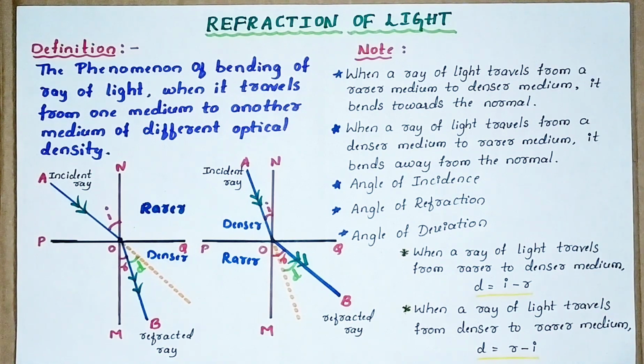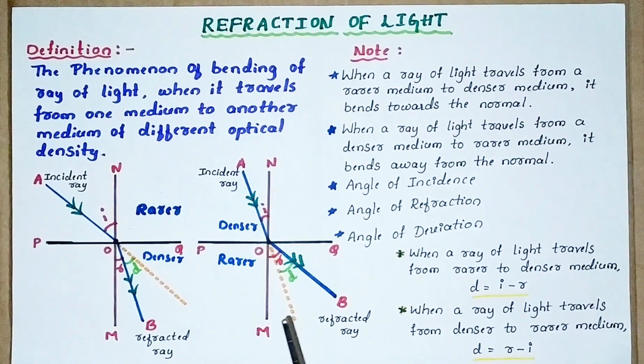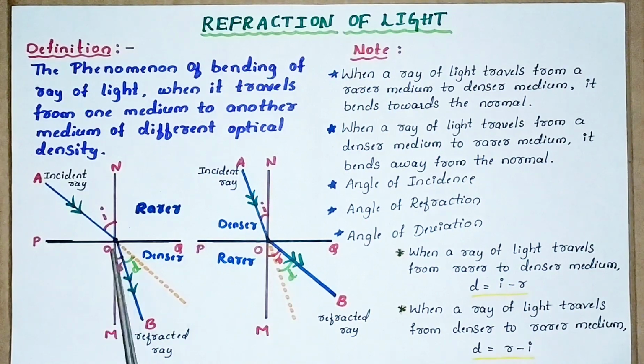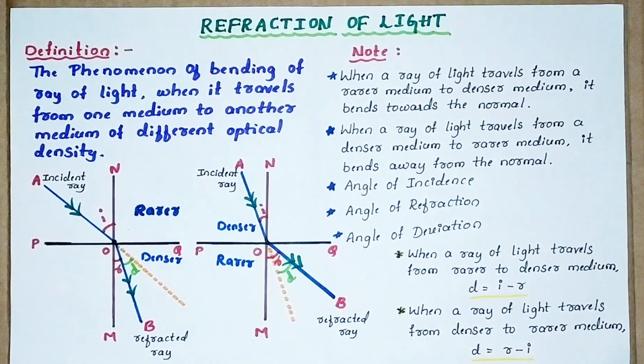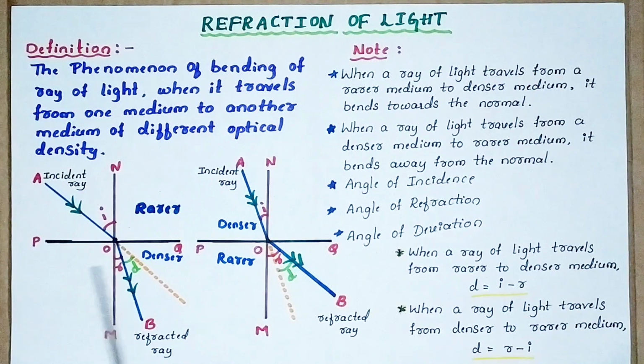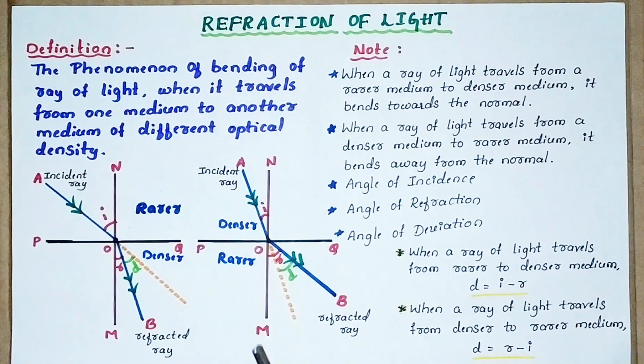Right? So now, what is refraction of light? Before going to its definition, you can observe these two diagrams carefully. In these two diagrams, the straight line PQ indicates the interface.